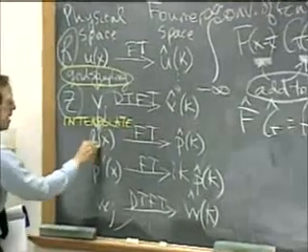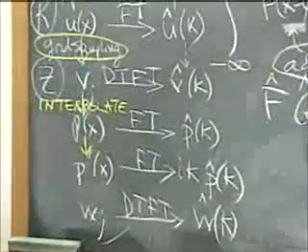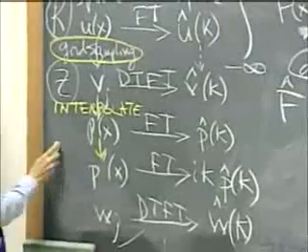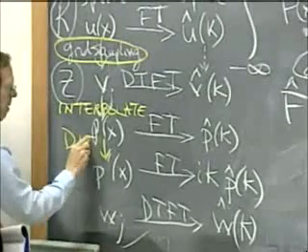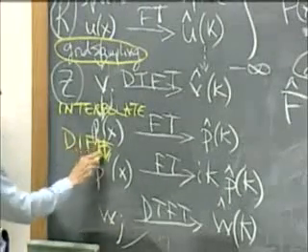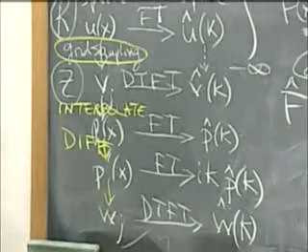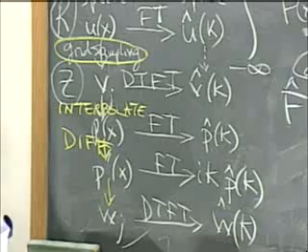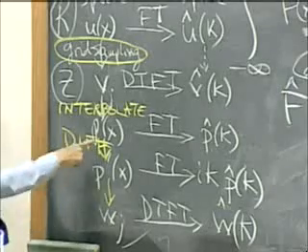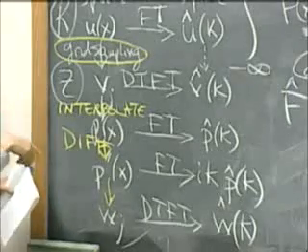What's that step? Well, everybody sees that step. Differentiation. And what's the final step here? Probably sampling, right? Isn't this what we did in the first lecture?